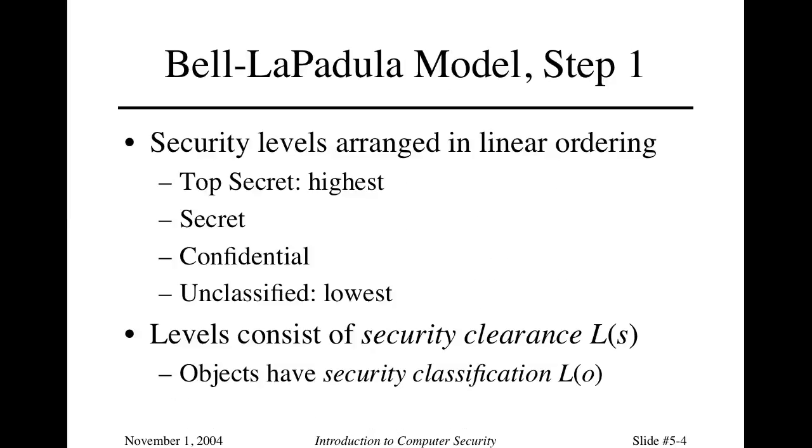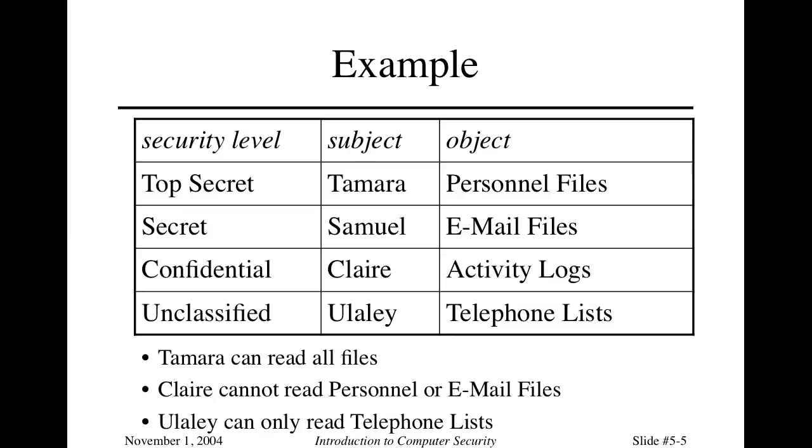So if we go back to this slide, basically this slide says that to determine the access permissions, we have to label all subjects and objects. Without a label, in this example, we cannot determine the access control permissions.